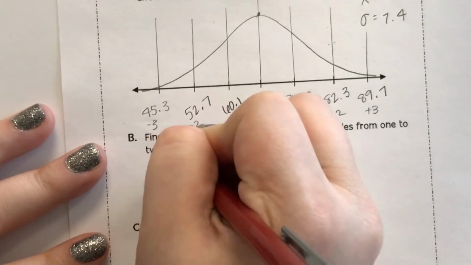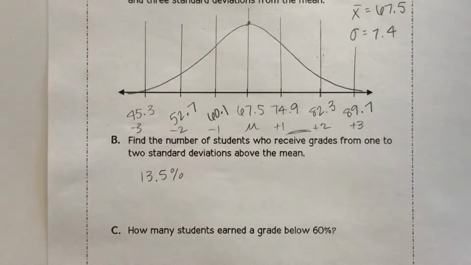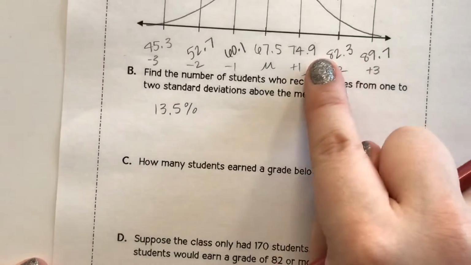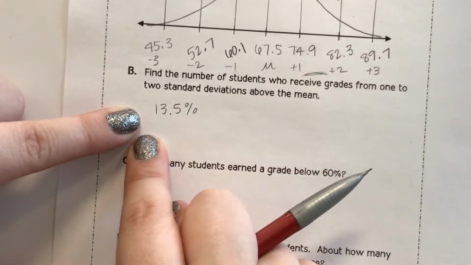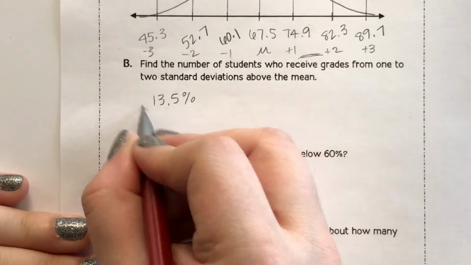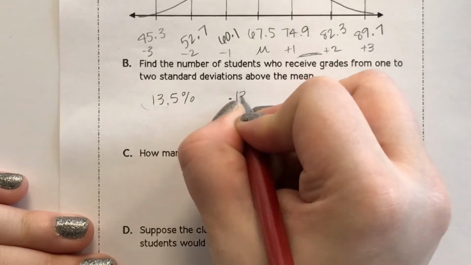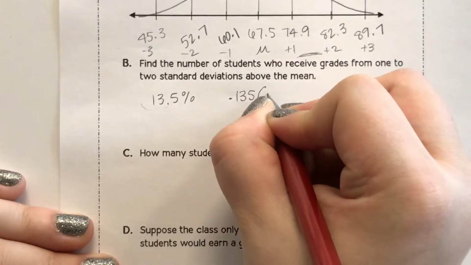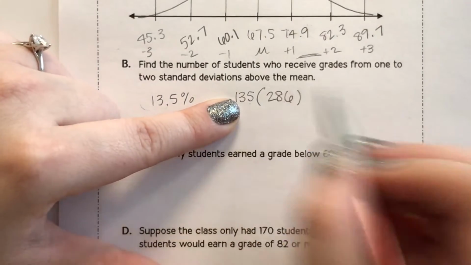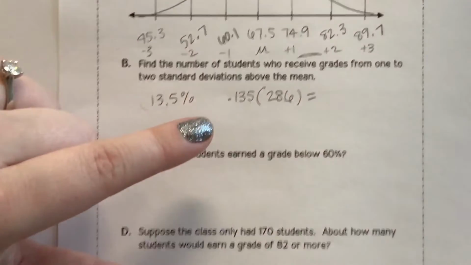And we know there's 286 students. So we're going to multiply by 286 because that's how many kids we have. So this as a decimal is 0.135 times 286, because we want 13.5% of 286 to figure out how many kids that is.